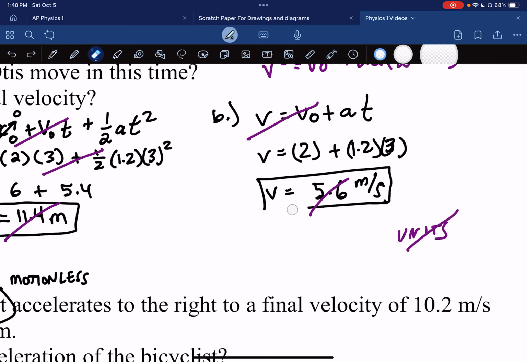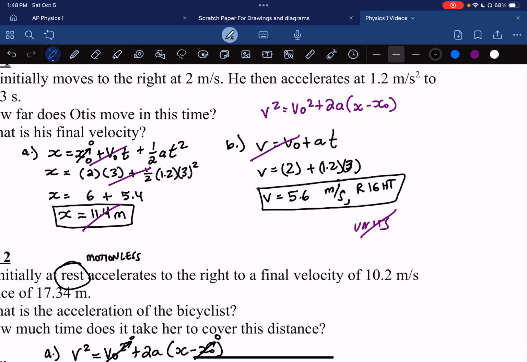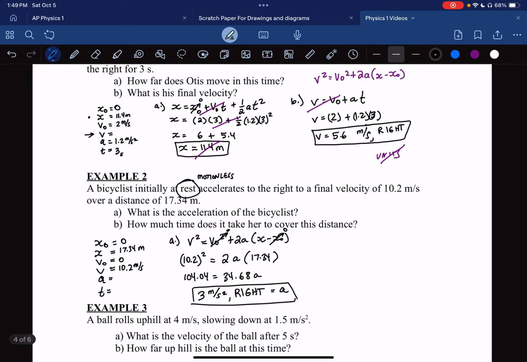I didn't think about the lesson very much before I sat down to record. So let's just erase all this. 5.6 meters per second to the right. We want to be comfortable with direction with these vectors.